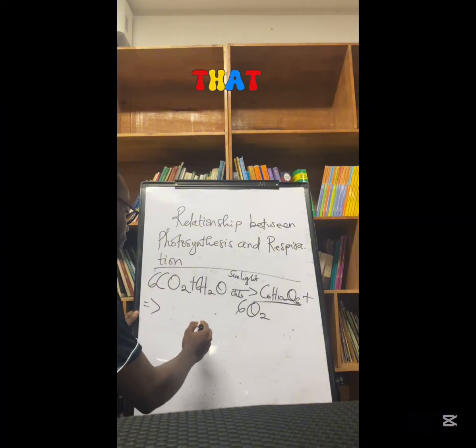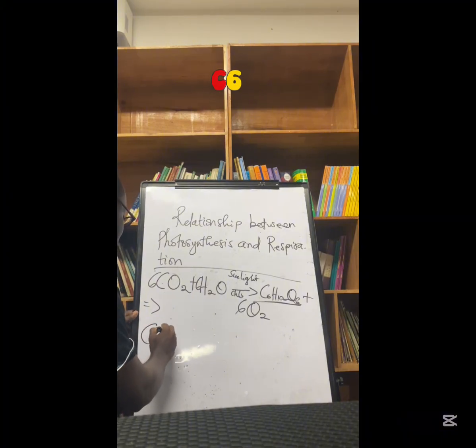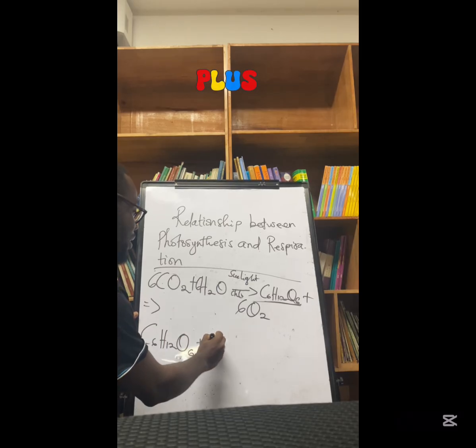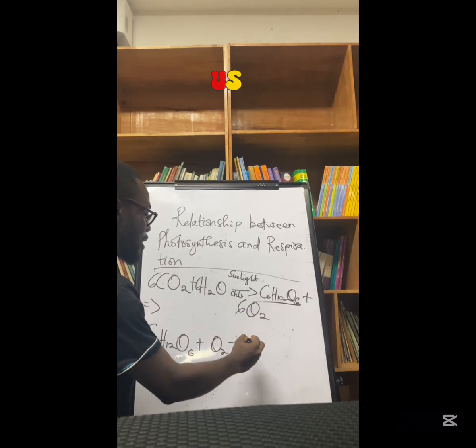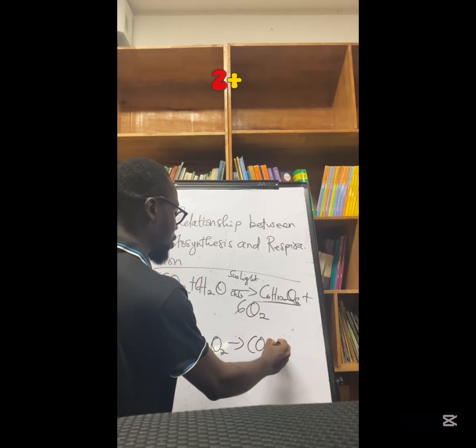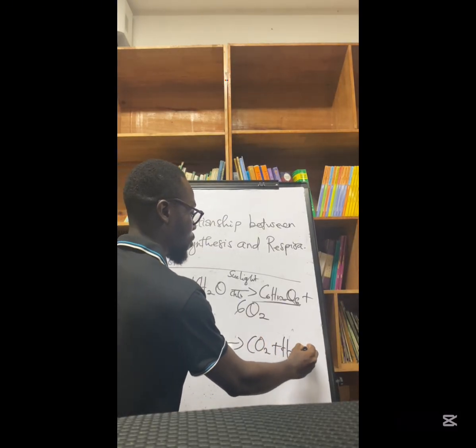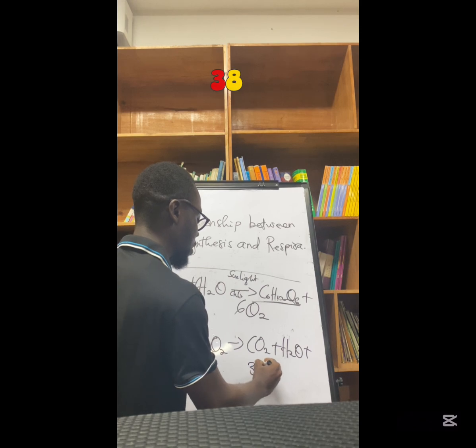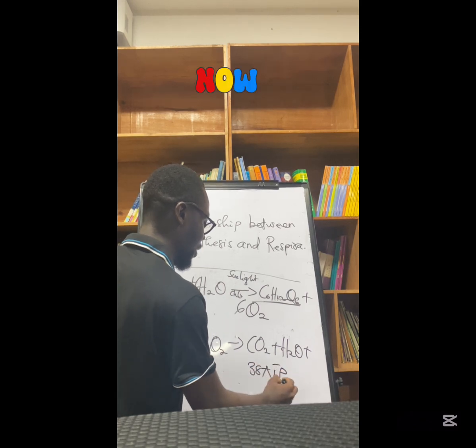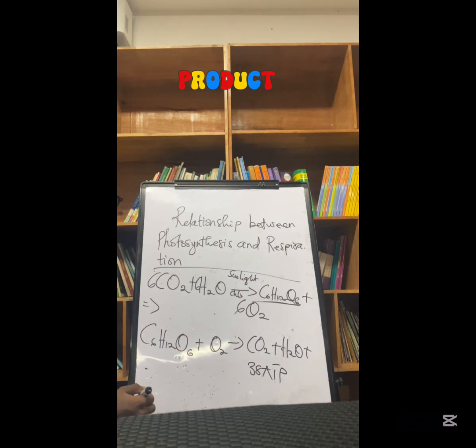So we say that we have C6H12O6 plus O2 will give us CO2 plus H2O plus 38 ATP. Now, ATP is the energy. That is the main product we want because we say that the ultimate goal of respiration is to produce energy.